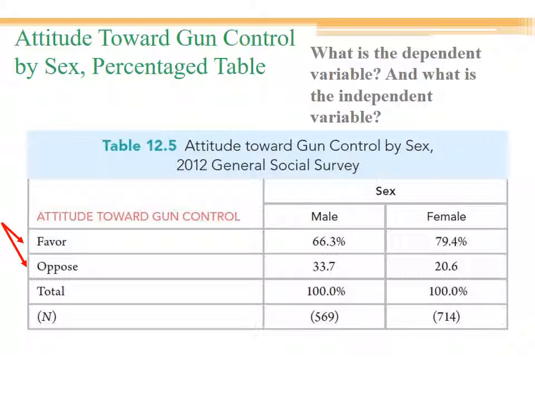You could have found that by logic. It's impossible for one's attitude toward gun control to have an effect on one's sex. But you could also have found it because the data from the dependent variable is usually presented in the rows, favor and oppose. The independent variable is sex. This you could have found because the data from the independent variable is usually reported in the columns, here male and female.